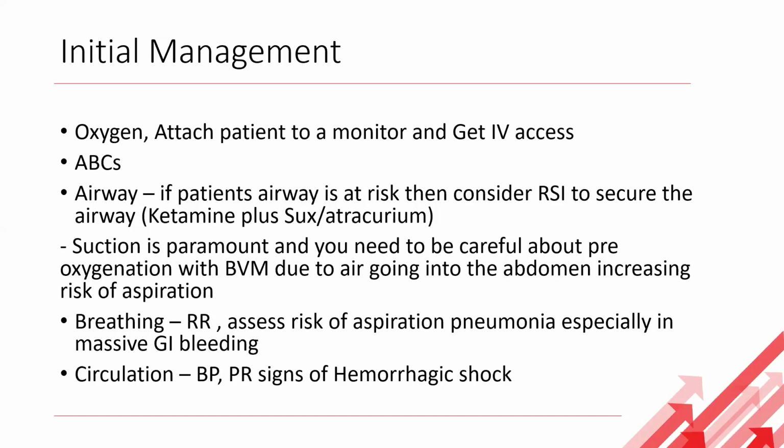But maybe this guy might be having a posterior epistaxis, and that blood just goes into his esophagus, because he's swallowing that blood, and it goes into the stomach, and then when he vomits, that's what he vomits out. So you may think it could be upper GI bleeding, but it could be epistaxis. So when you're doing your intubation, it can also help you to visualize where the blood is actually coming from.